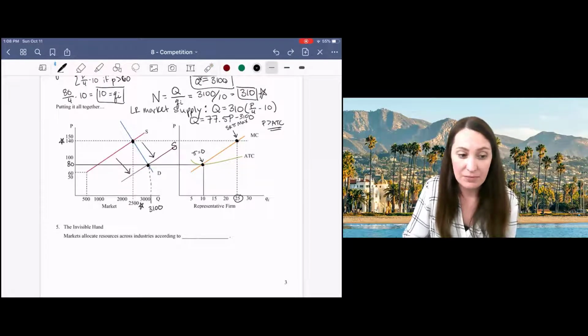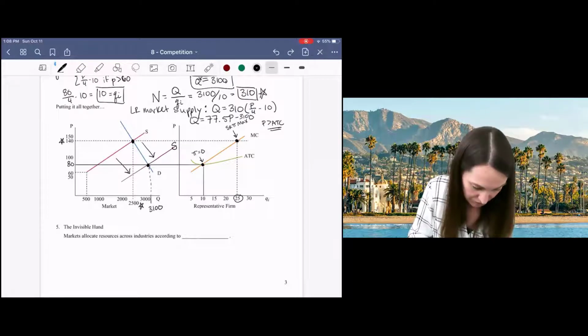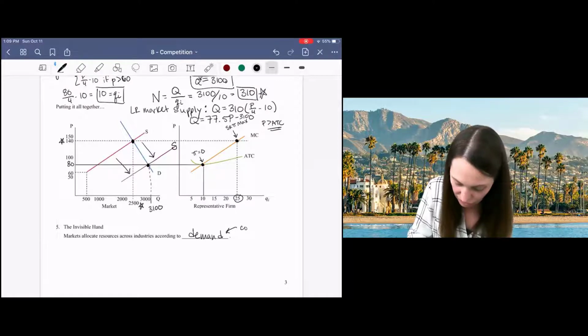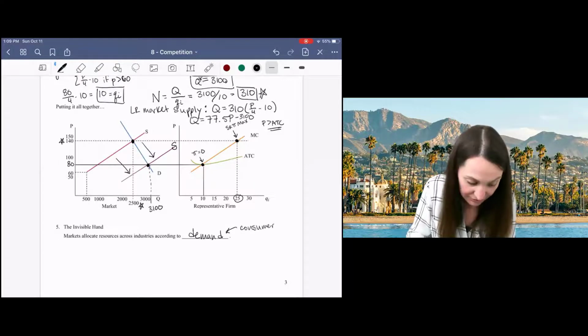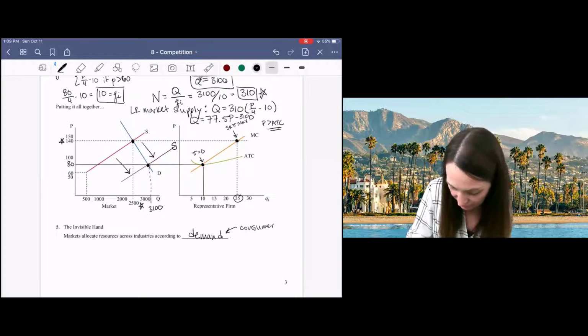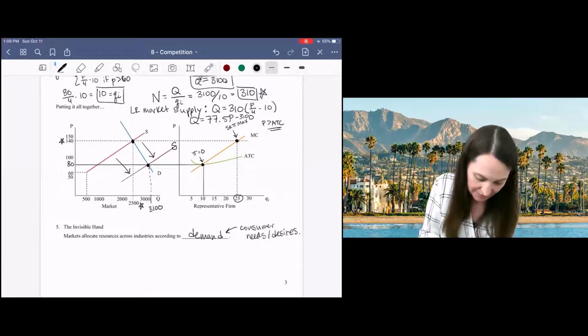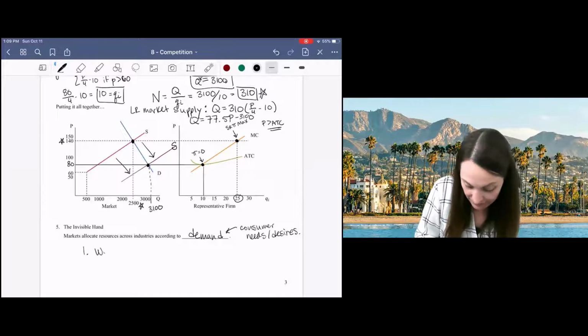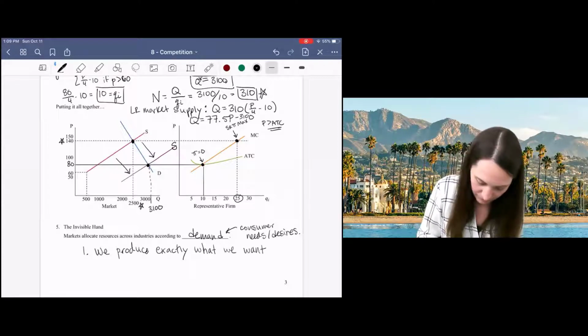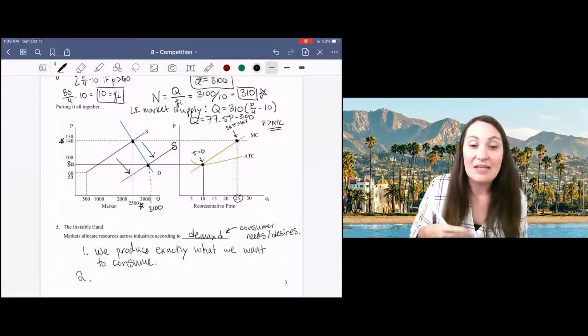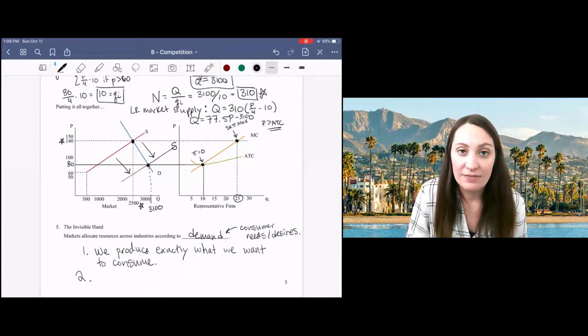Markets will allocate resources across industries according to demand, in other words, according to consumer preferences, consumer needs or desires. So this is good because, one, we produce exactly what we want to consume. And two, we produce it efficiently.